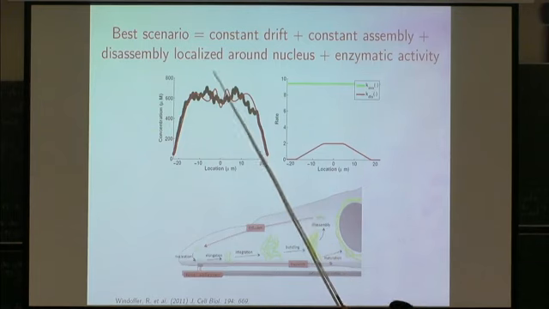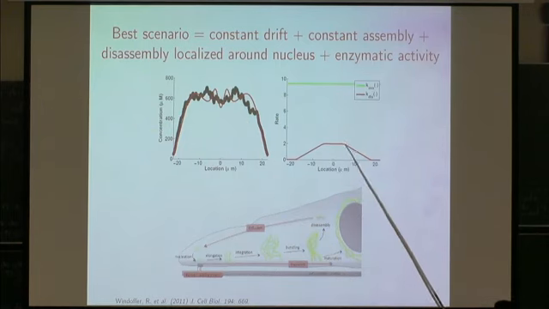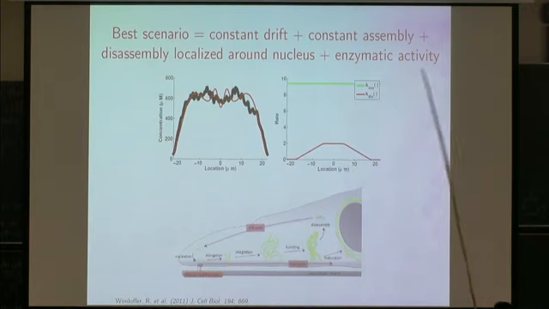The disassembly is localized around the nucleus, and there is enzymatic activity. This model preserves the 85% of insoluble aggregate material over time. That is good. And what is also interesting is this best scenario is in good agreement with what was proposed in 2011 by the group of Rudolph.